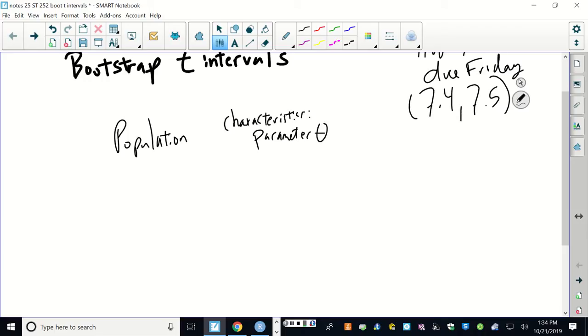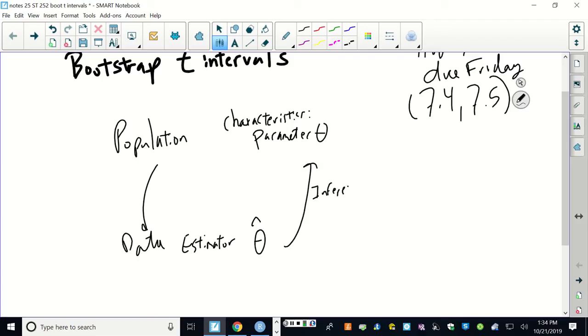Some parameter theta, and then we're going to get our data, and we're going to have an estimator, theta hat. Could be simple, could be complex, and so on. And we want to do inference back up here, and the form that our inference is going to take is a confidence interval.